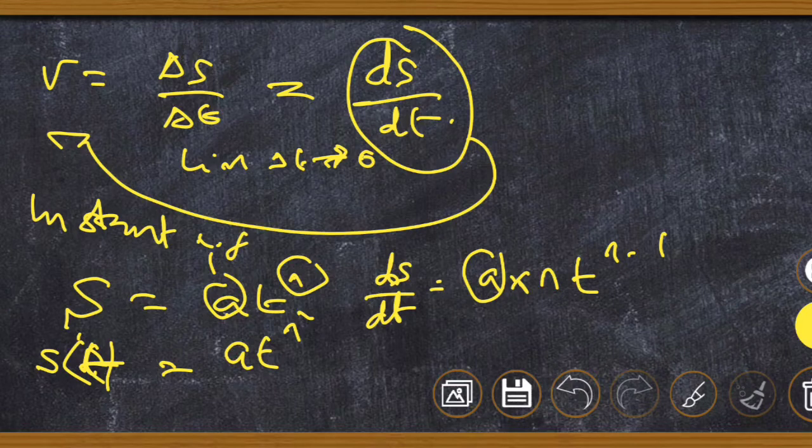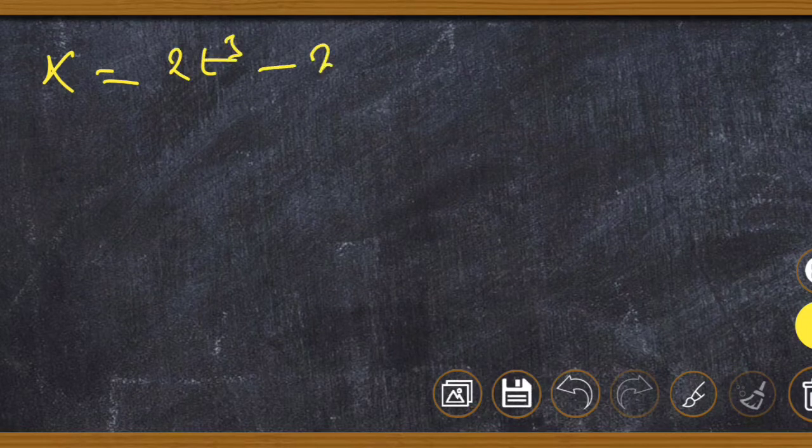Let's take an example on this so that we can know how we can solve this in exam. Now, assuming you have something of this kind here, I have s equals to 2t raised power 3 minus 3t. How do we do this? Now, we have to find the ds/dt.